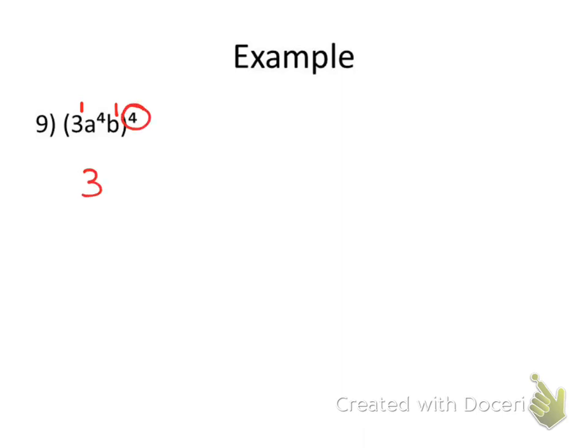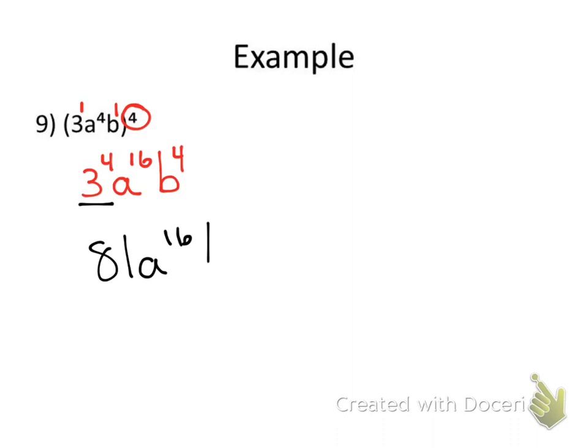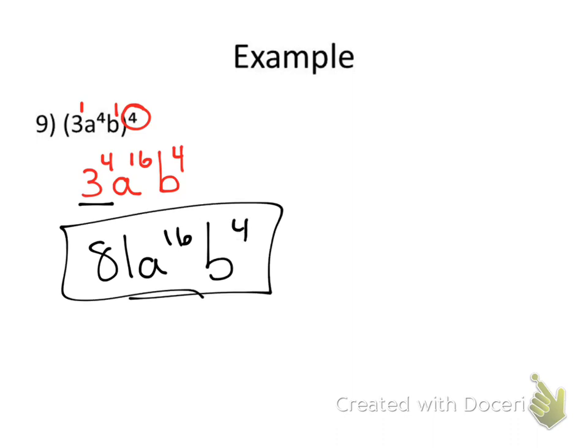So I have 3 to the 4th, a to the 16th, and b to the 4th. So I need to do 3 to the 4th before my answer is finalized. 3 times 3 times 3 times 3. 81. So this will be 81, a to the 16th, b to the 4th. Questions?